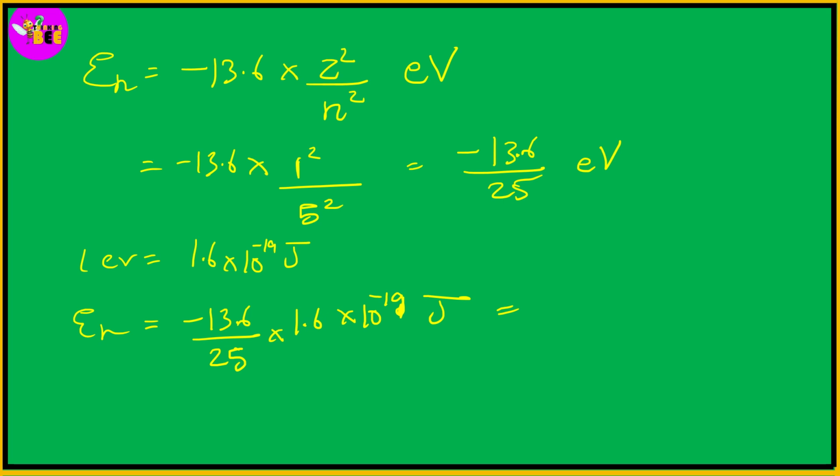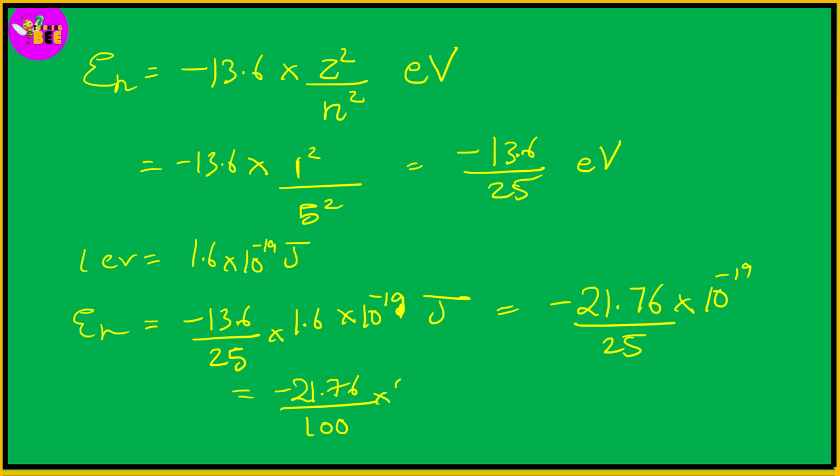Now if we have to further simplify this, minus 13.6 into 1.6 would be minus 21.76 into 10 to the power minus 19 divided by 25. Now dividing by 25 is a hard task. So instead of doing that, we will first multiply by 4 and then divide by 100, because the end result would be the same.